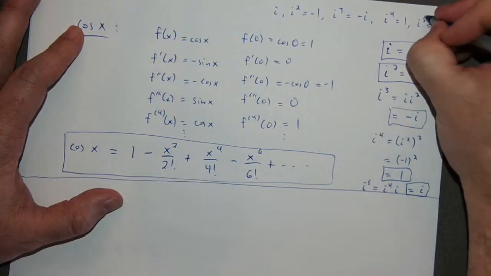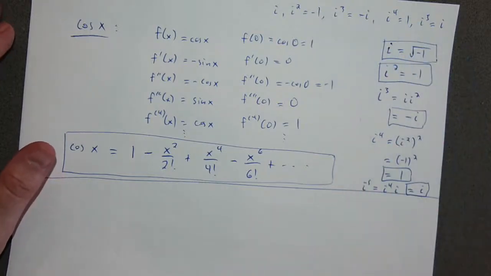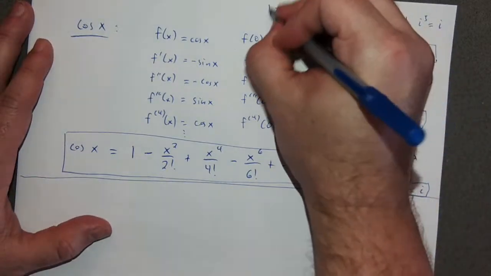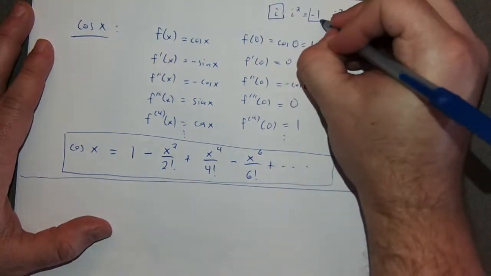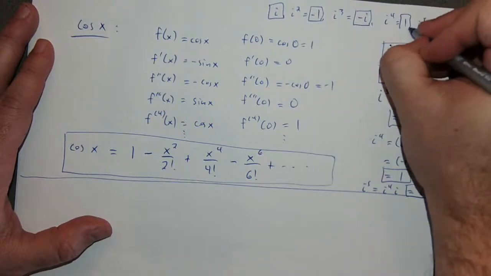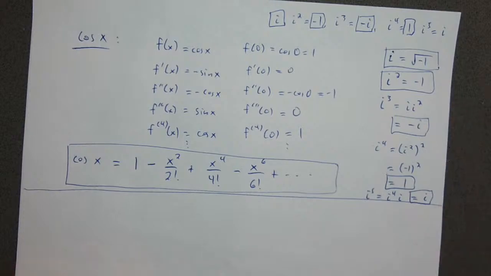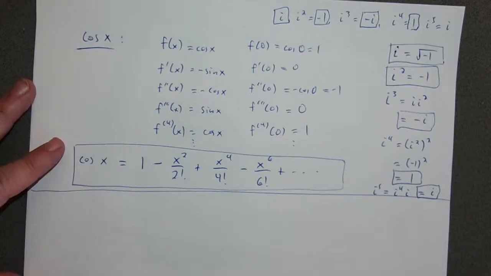It starts over there. i to the sixth is minus 1, i to the seventh is minus i, and so on. So when you raise i to these powers, you get one of four possibilities: i, minus 1, minus i, or 1. Those are the four possibilities, and they just endlessly repeat as I keep exponentiating i.